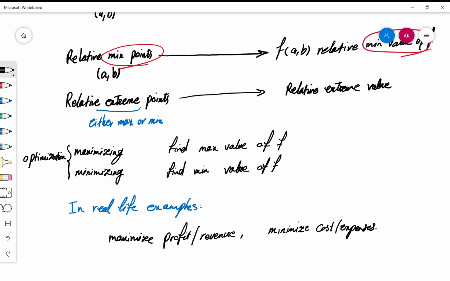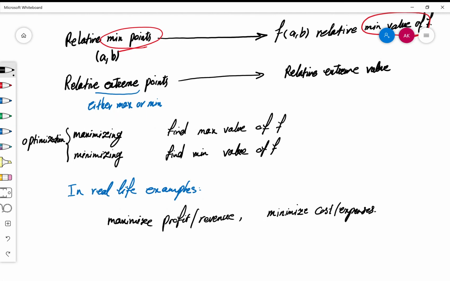So these are the words we will use, and maximize means find maximum value of f.